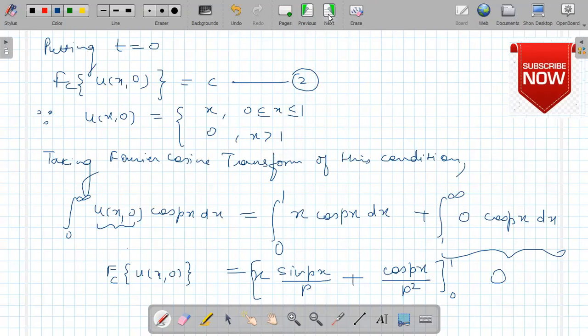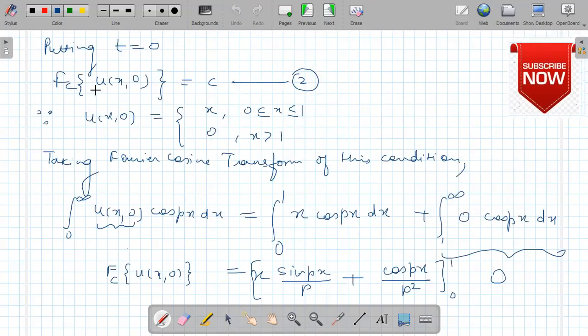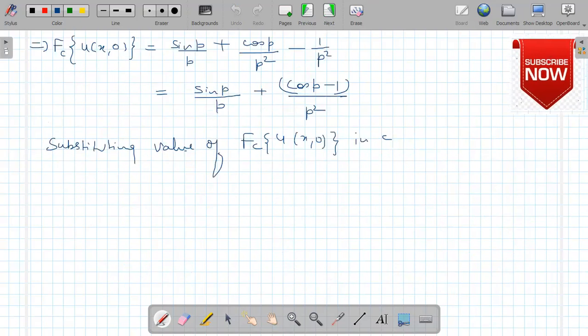So from equation number 2, this is equation number 2, here we substitute the value of Fc u(x, 0) and we will get the value of c. We get c is equal to sine p over p plus cos p minus 1 over p square.